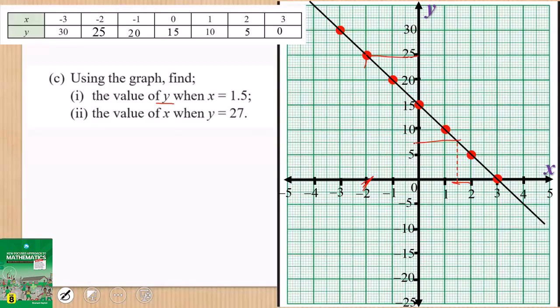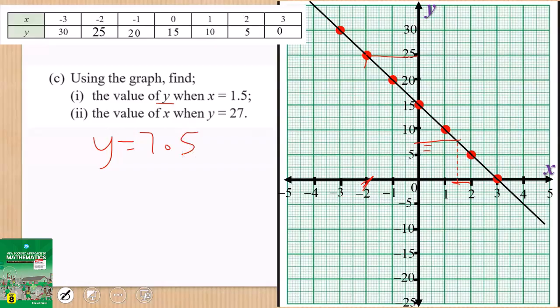Here every small line is 0.5, so 2 lines will make 1, and so we have 5, 6, then 7, then 7.5. So y will be equal to 7.5 when x is 1.5.